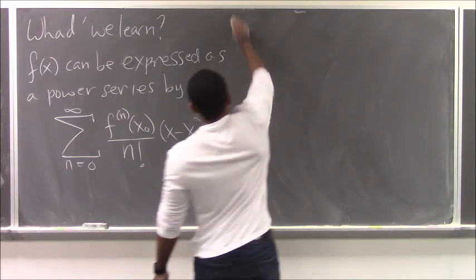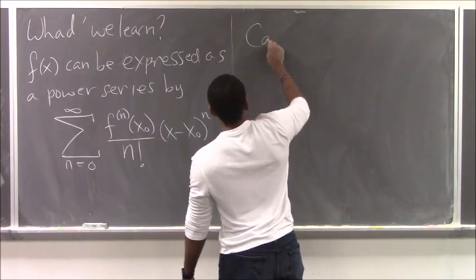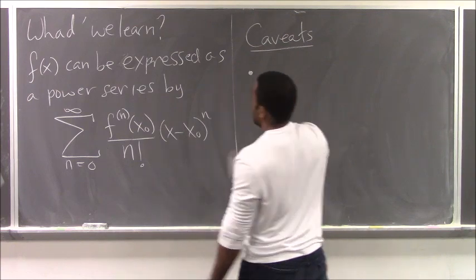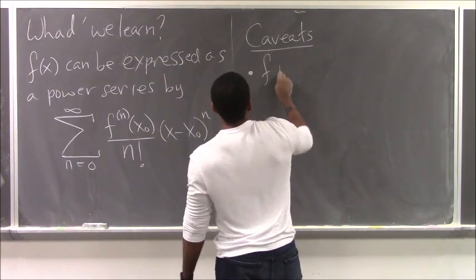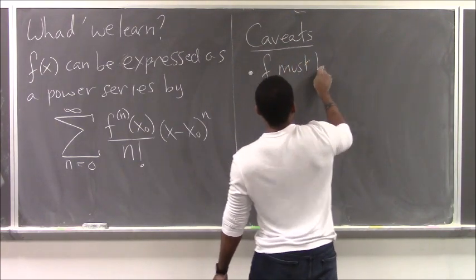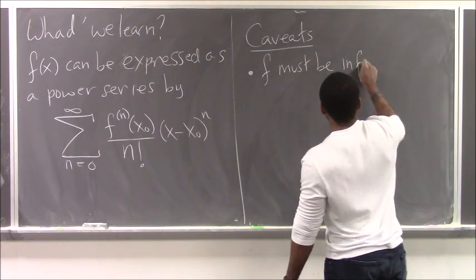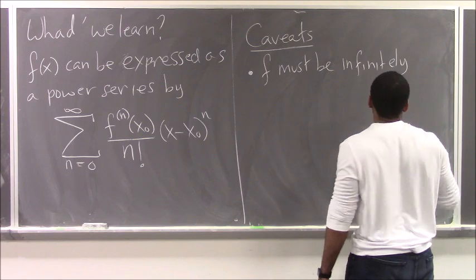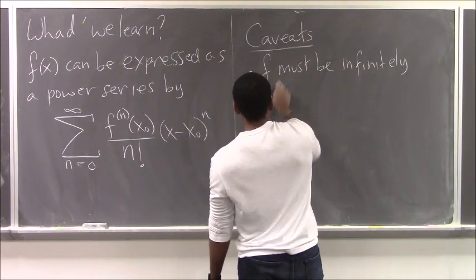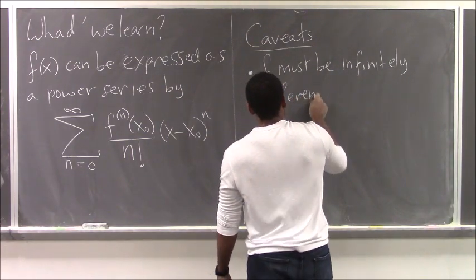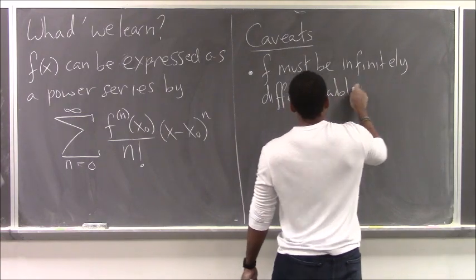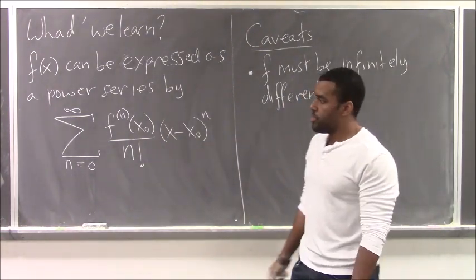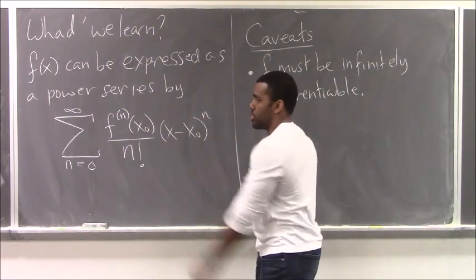Now, of course, there are some caveats here. One, f must be infinitely differentiable to do this. We have an infinite number of constants to find, and to find each constant, I need to be taking a derivative.